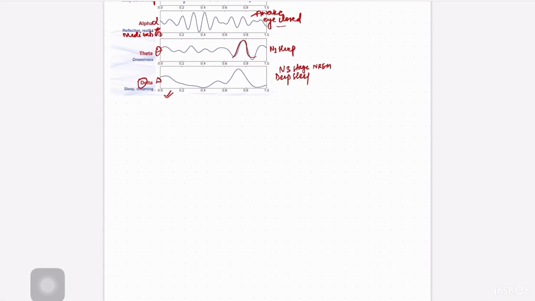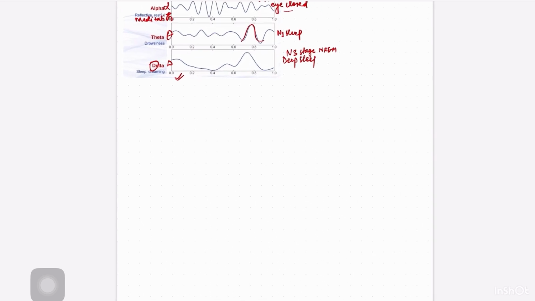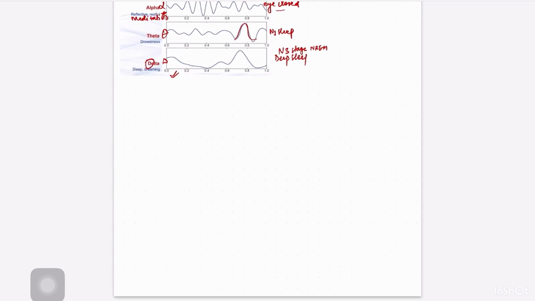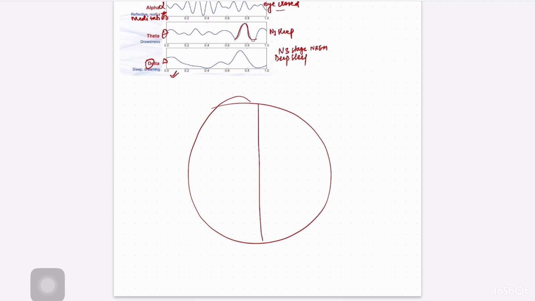Now talking about different stages of sleep. Usually our sleep keeps cycling between REM and NREM. Okay? So let's say we have 25%, 25%, 5% and 45%.